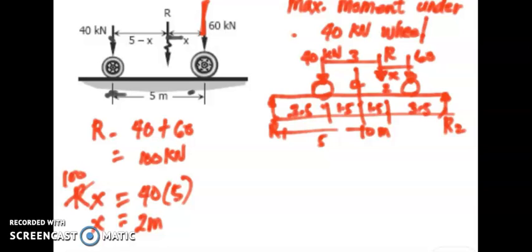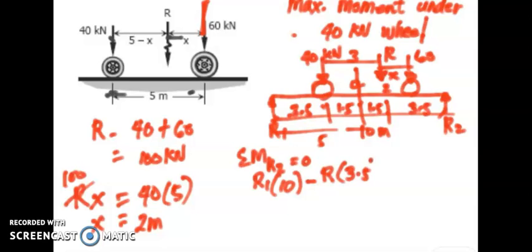reaction at point 1. So to identify the reaction at point 1, summation of moments at R sub 2 is equal to 0. So if this is our reference point, in a clockwise direction you have R sub 1 times 10. Then we have our resultant force in a counterclockwise direction, minus R multiplied by 3.5, and that is equal to 0.